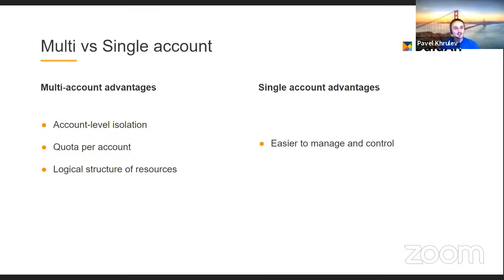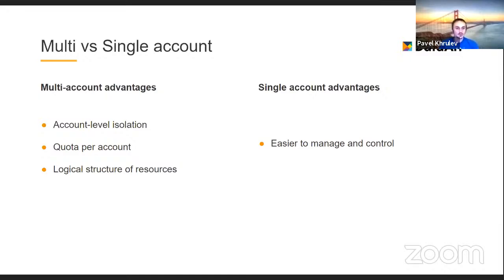Account level isolation. What does it mean? When we have resources isolated on the account level, that means a lot of things. For example, from the security perspective, that means decreasing the blast radius.